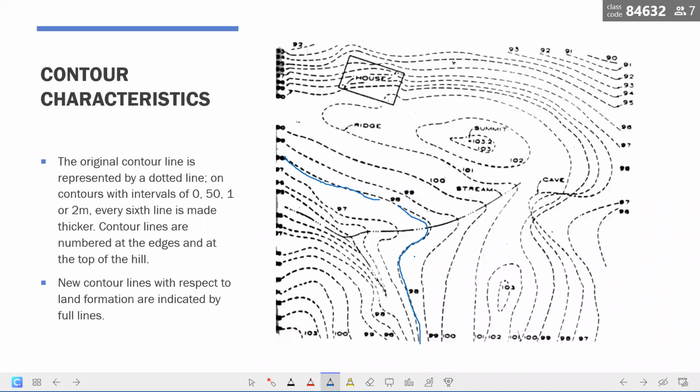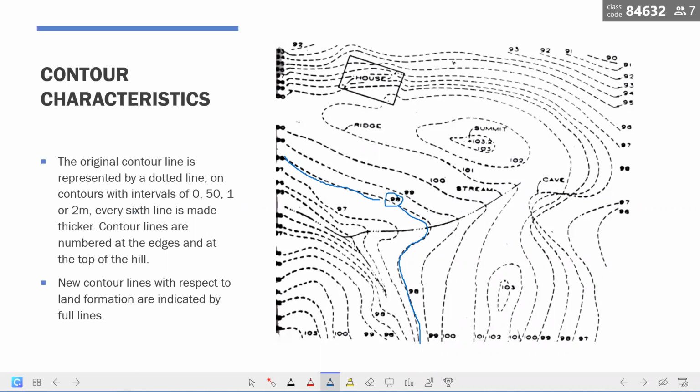Like so. Now, why is that done? Because it's to avoid confusion. If you have a map full of dotted lines, it's a bit difficult for you to identify certain elevations.